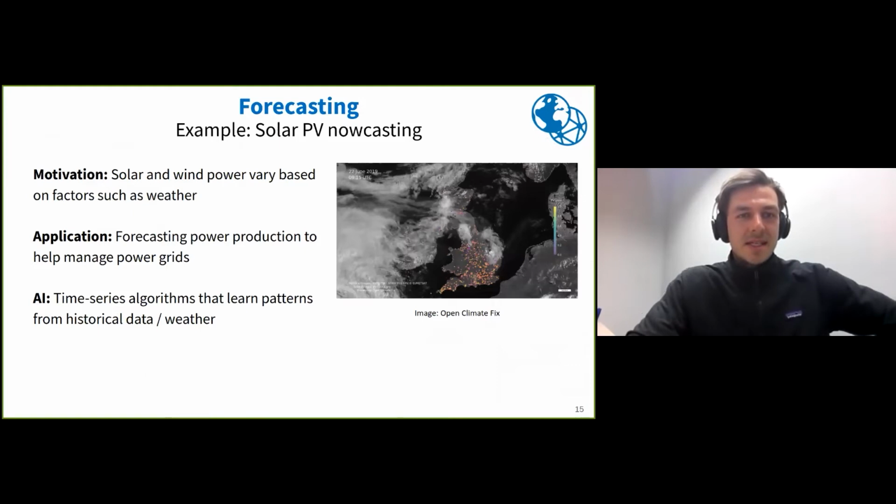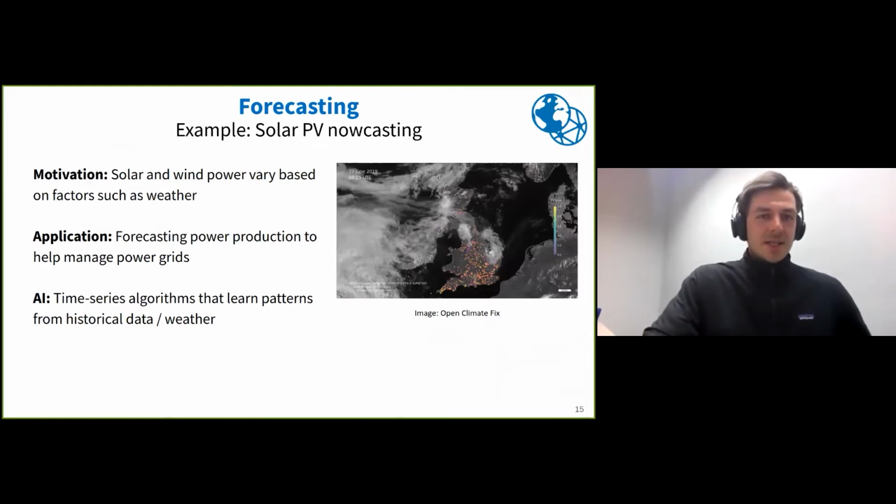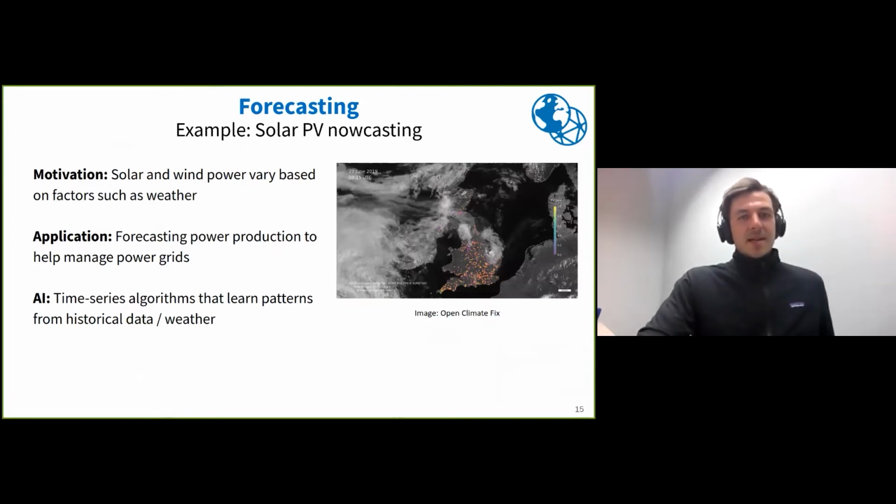And this here is an example from Open Climate Fix, which is an NGO, a non-profit organization. What they do is try to forecast solar and wind power production. This is especially necessary now that we move from very centralized energy production to decentralized energy production with many small producers, for example if you have a house with solar panels on top of it.